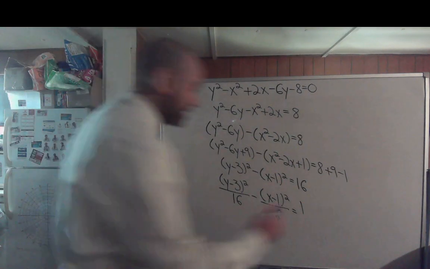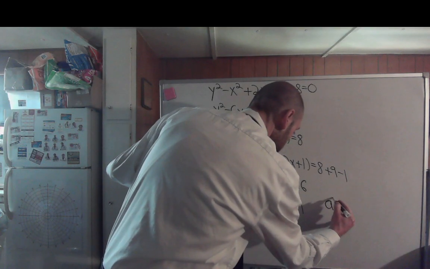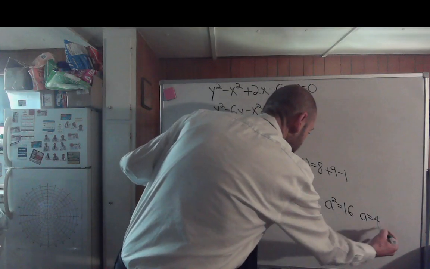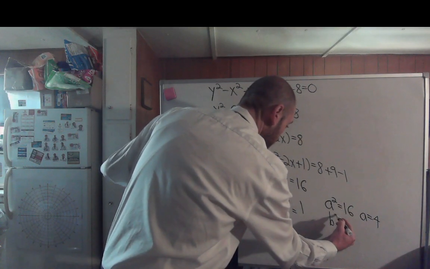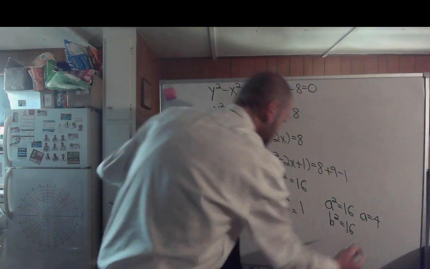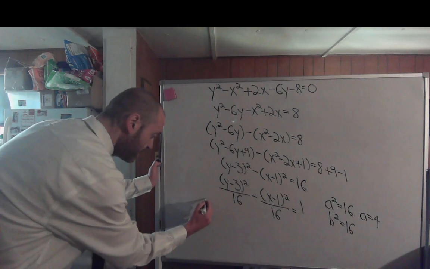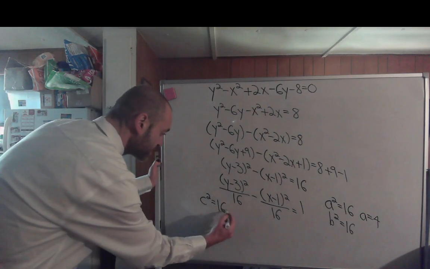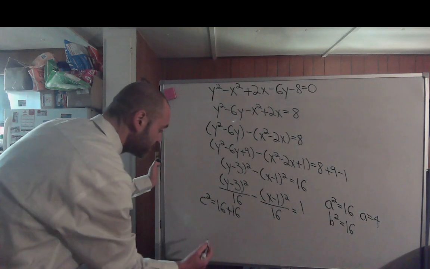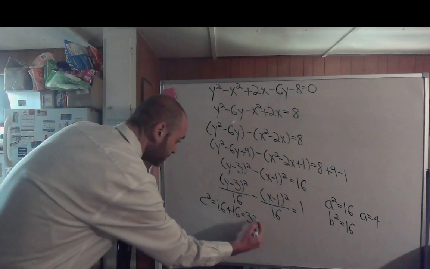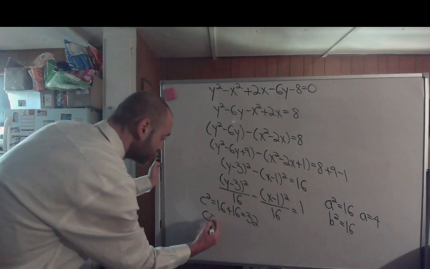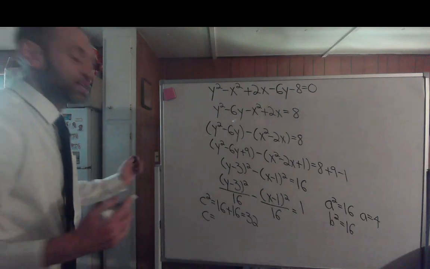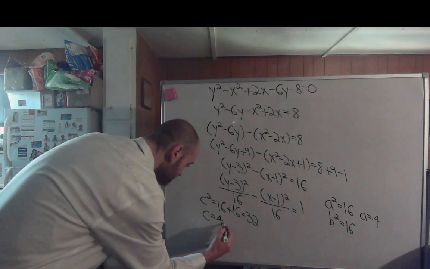Well, a squared is 16, which means that a would have to equal 4. Then b squared also equals 16. Well, to find the foci again, c squared equals a squared plus b squared, so 16 plus 16, which is 32. So c is going to equal the square root of 32, which is the square root of 16 times 2, so that's 4 times the square root of 2.